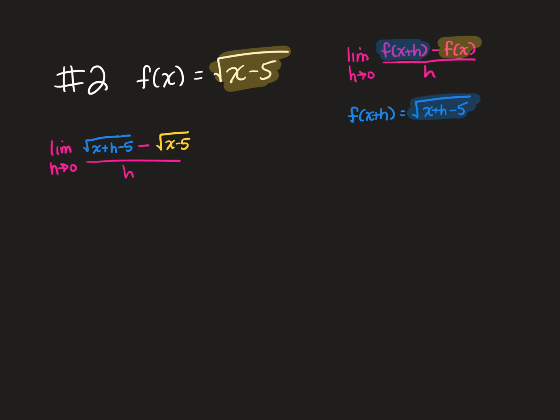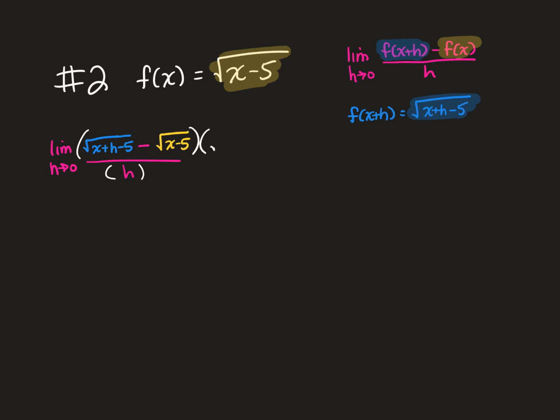Now there's really nothing we can do in this expression right now that'll allow us to eliminate h as a factor in the denominator. So we're going to use our strategy of multiplying by the conjugate, which is essentially just trying to create a difference of squares in the numerator. We know that we're going to multiply the numerator and the denominator by the same thing.